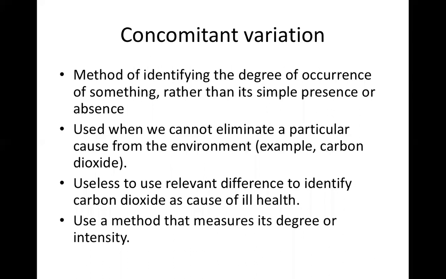So when you are trying to determine the relationship between carbon dioxide and a particular problem, you are measuring for the degree of carbon dioxide, not whether carbon dioxide is present or absent. So it is useless to use relevant difference to identify carbon dioxide as a cause of ill health. You rather use a method that measures its degree or intensity.